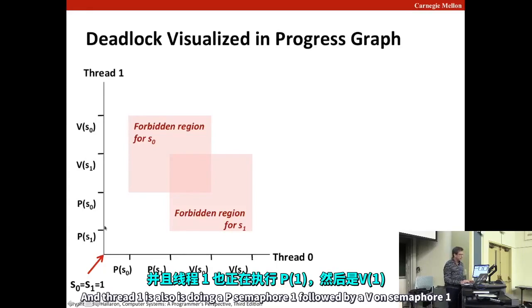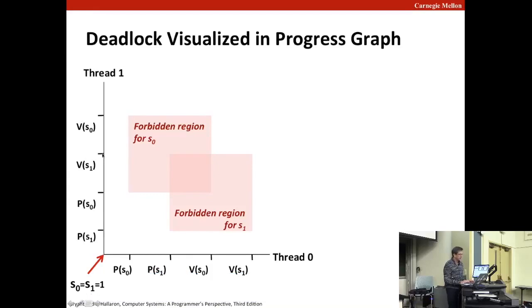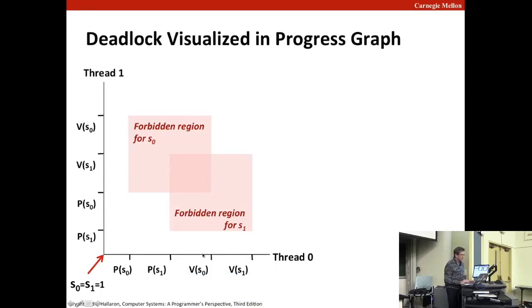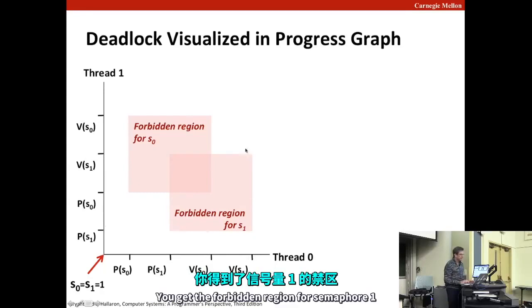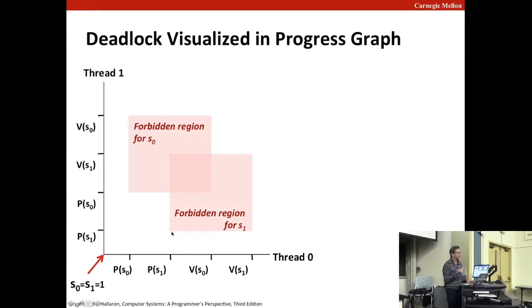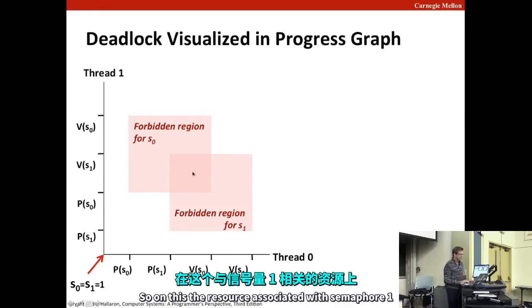And thread 1 is doing a P on semaphore 1 followed by a V on semaphore 1. So if you take the intersection of these two regions, you get the forbidden region for semaphore 1. This is the region that enforces mutual exclusion on the resource associated with semaphore 1.